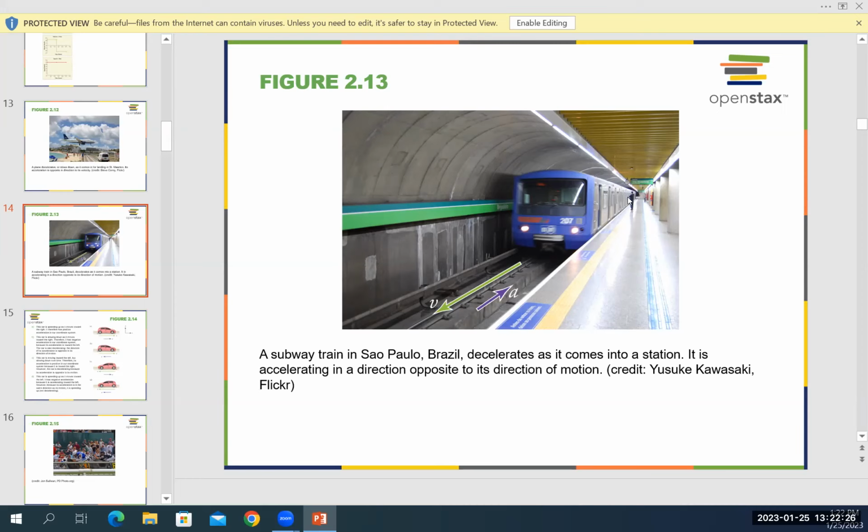I'm only interested in what the thing is doing along the track. So I'm going to pick the direction of motion to be the positive direction. That makes sense. That's the motion I'm interested in. This is going to be useful to us when we start doing inclined plane problems.